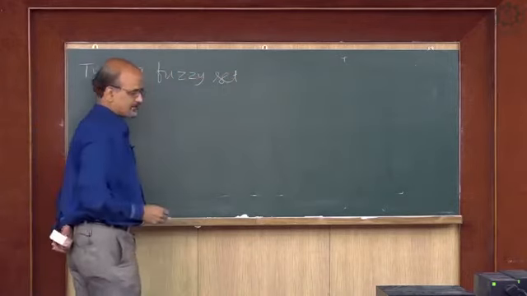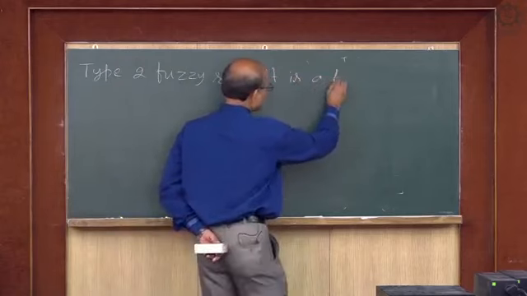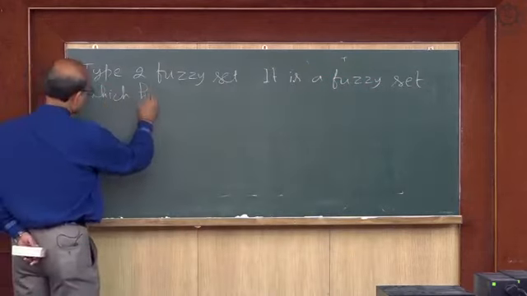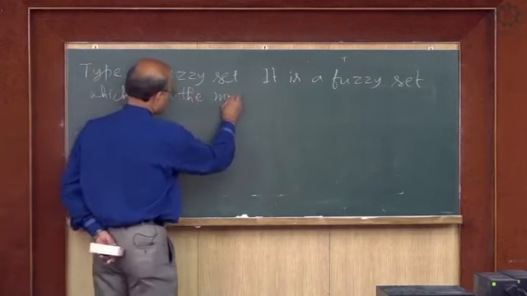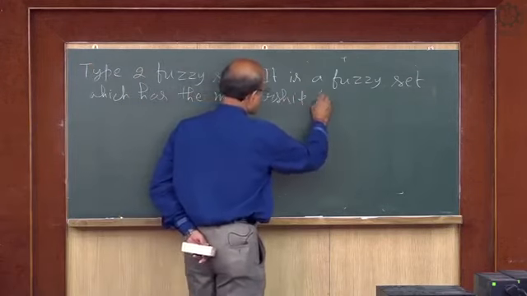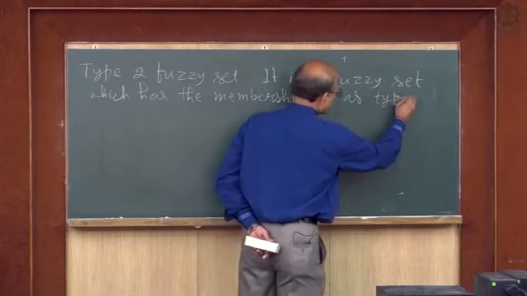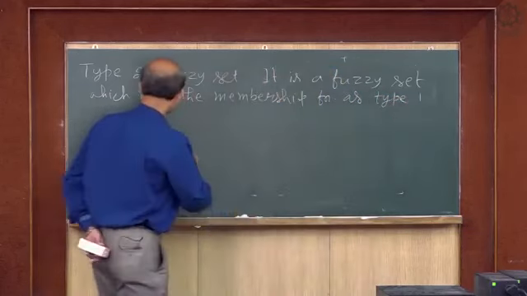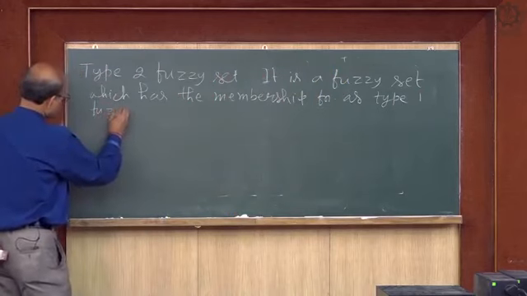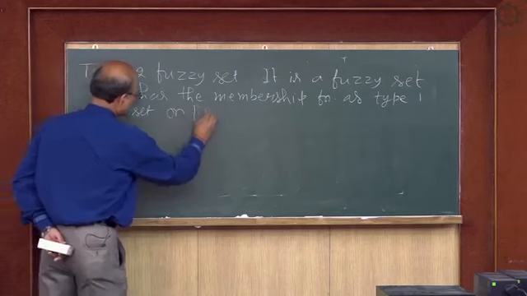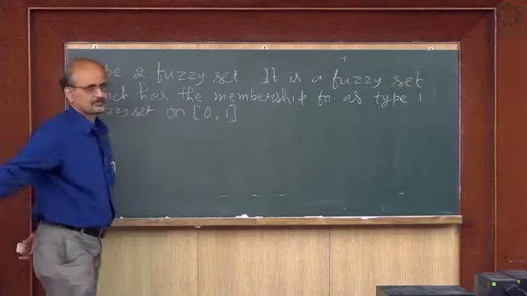This is a fuzzy set which has the membership function as a type 1 fuzzy set on [0,1].